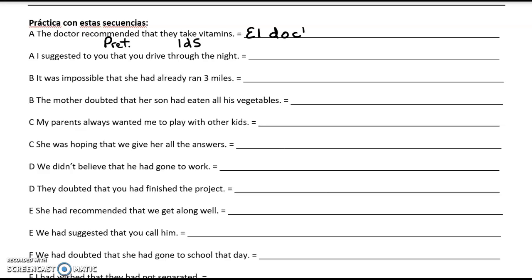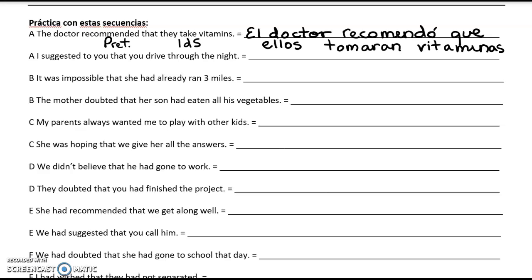El doctor recomendó, then your K. Ellos tomaran vitaminas.